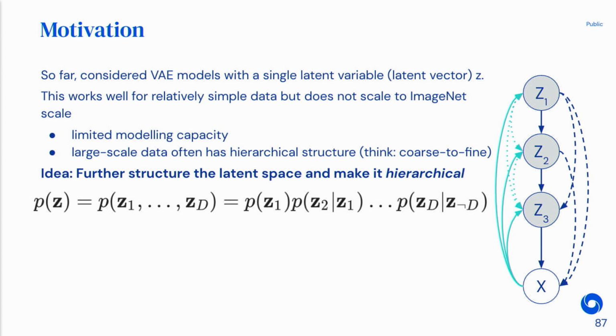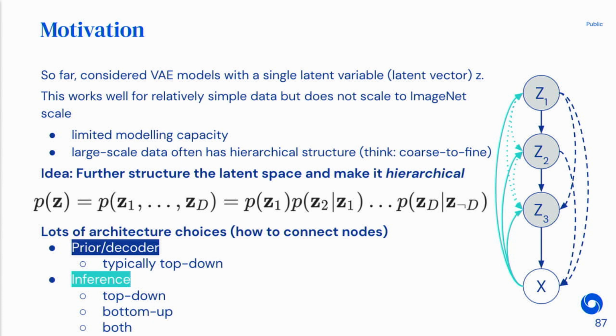For example, you independently draw the variable z1, then conditioned on z1, you draw the variable z2, and so on. In the top, you draw the rough outline, and then you add more details, and then you add more details. That could be one way to think about this.